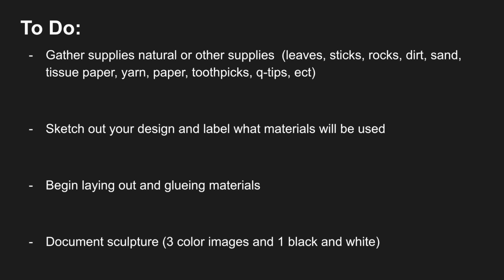Think about what these materials mean, how you can change the use of these materials. Then you're going to begin layering your design in your box. You might have to start building outside of the box and then putting it back in. Play around with your materials and the composition, and then you'll be documenting your sculpture. You're going to need 3 color images and 1 black and white.